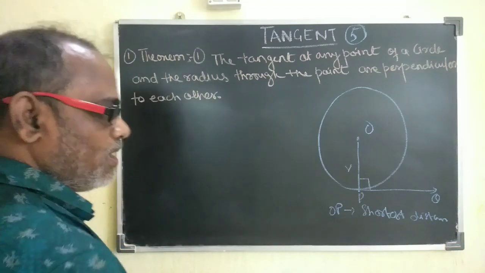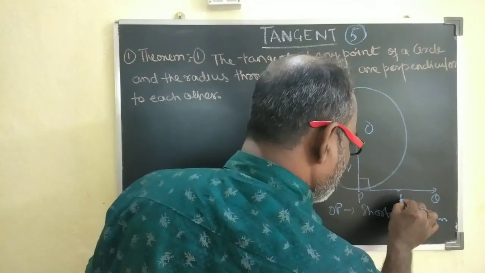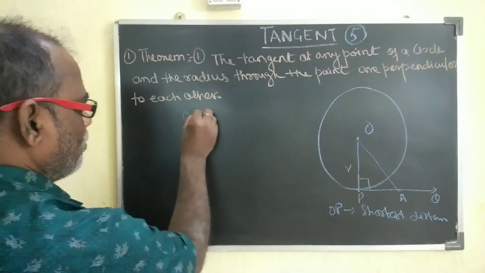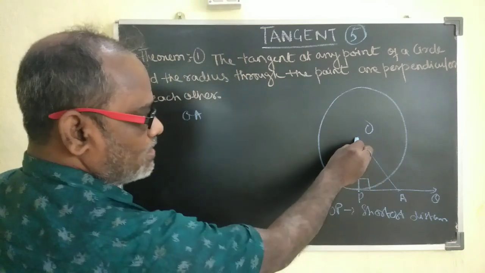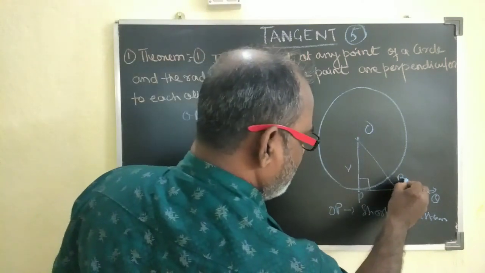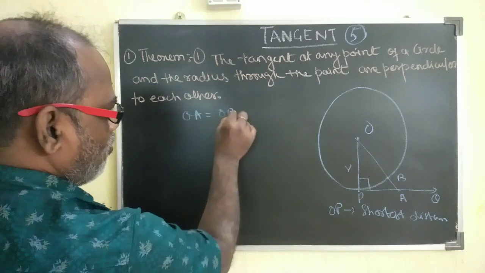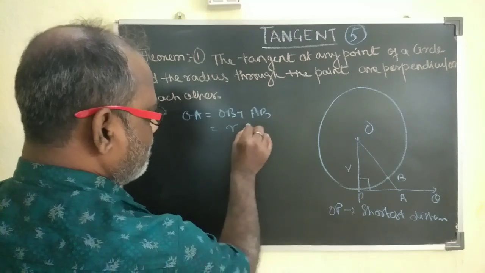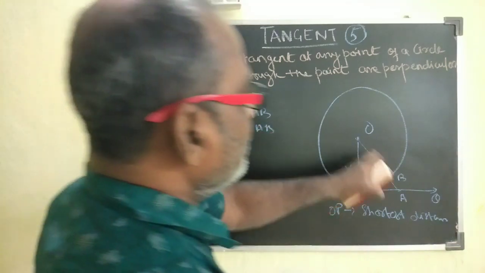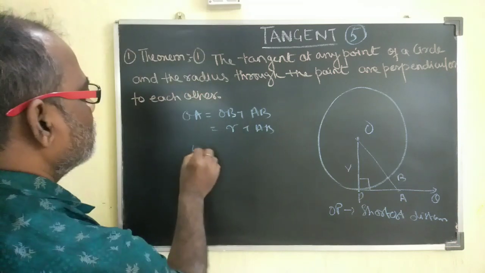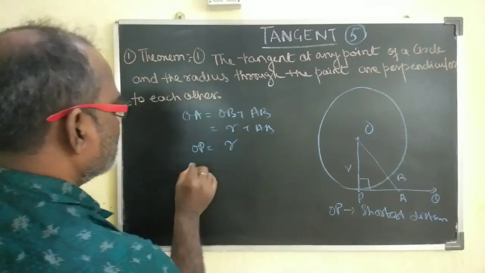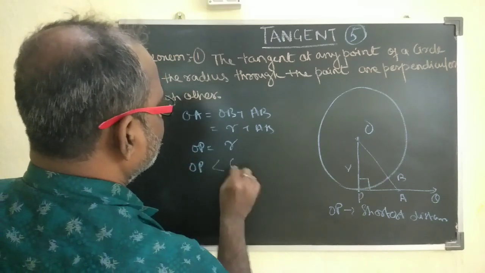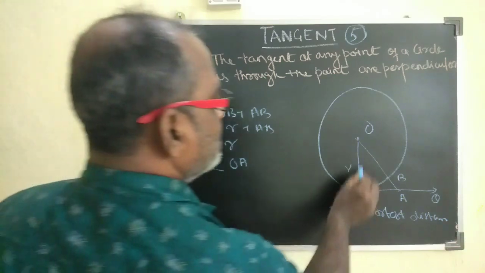to a line. Now let us take any point, let us say here A, then join OA. When you join OA, let this OA touch the circle at B, so OA can be written as OB plus AB, where OB equals R. Now we also know that OP equals R. That means OP is less than OA.